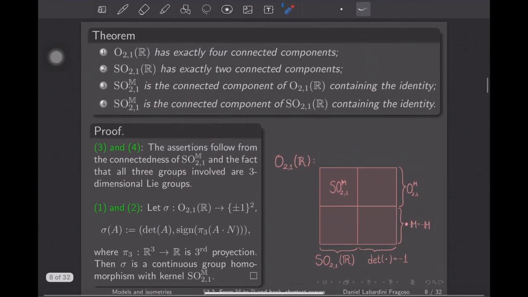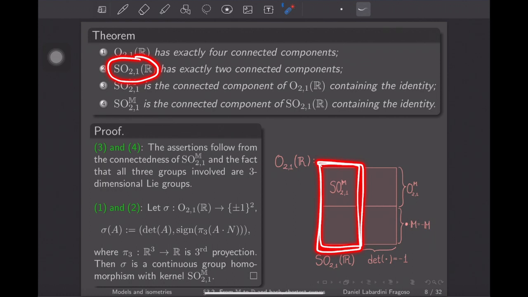And so the Lorentz group has 4 connected components. The proper Lorentz group, which is this one here, whose elements may fail to preserve the upper sheet, has two connected components. The connected components amount to considering only determinant 1.